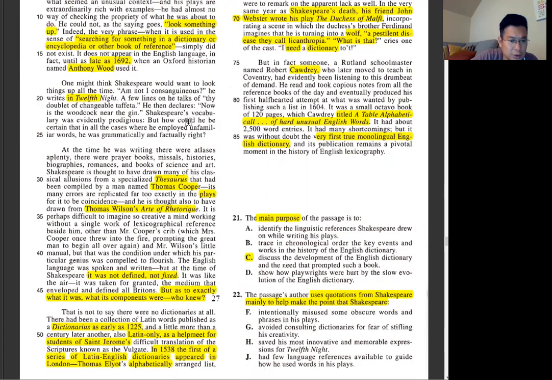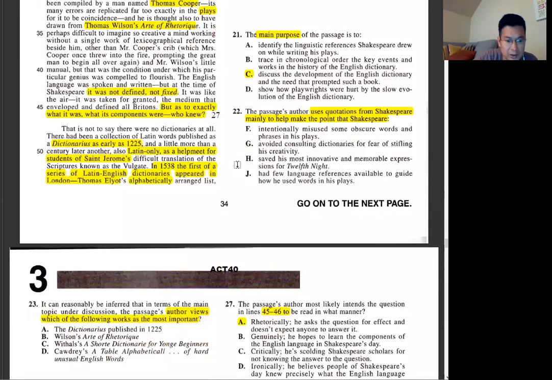From line 22, Shakespeare's vocabulary was evidently prodigious, but how could he be certain that in all cases where he employed unfamiliar words, he was grammatically and factually right? So because of that, it's just giving us a few language references available.